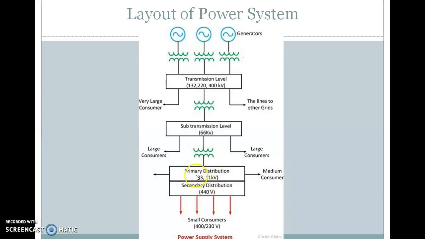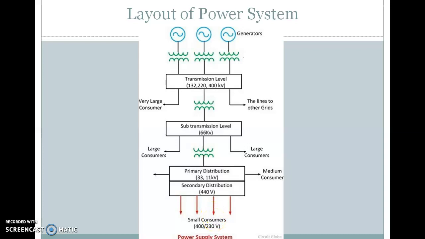In between the primary and secondary distribution, one layer of transformer is placed. That transformer is known as the distribution transformer. It converts the voltage from 33 or 11 kV to 440 or 230 volt and supplies it to the small consumers.